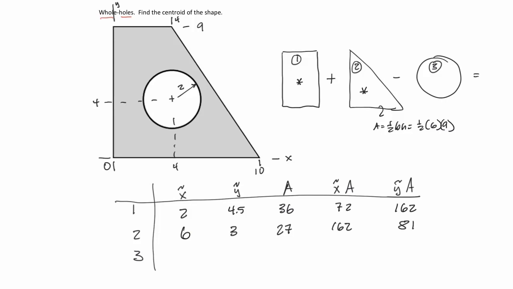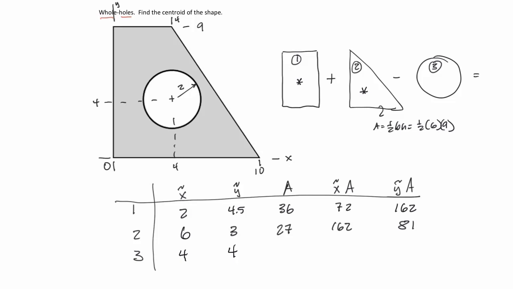The last one is the whole. And in this case, the whole is round, which is handy. So first of all, let's use the x bar, y bar, or x tilde, y tilde. So in this case, it is 4 in the x and 4 in the y. And those are going to be 4 and 4. The area here, because it is a whole, is negative.